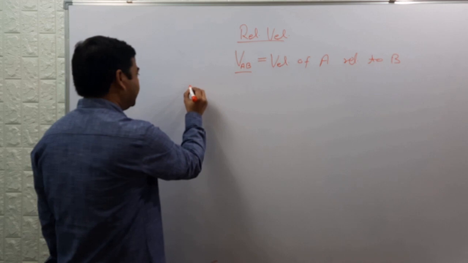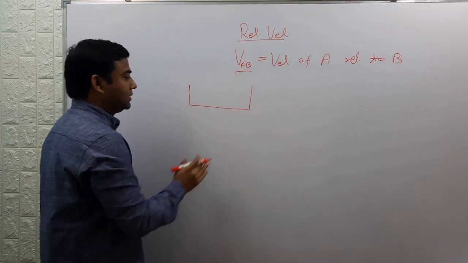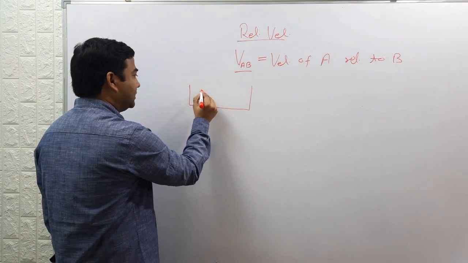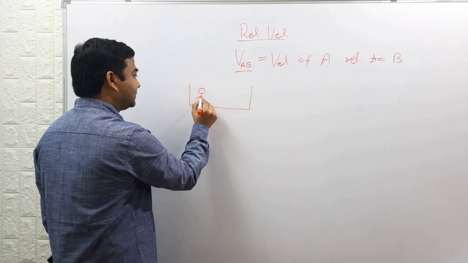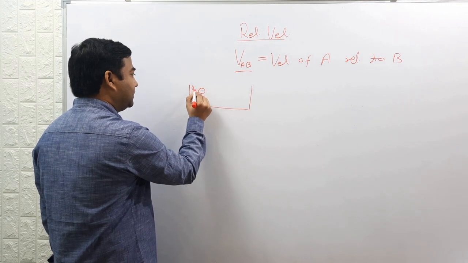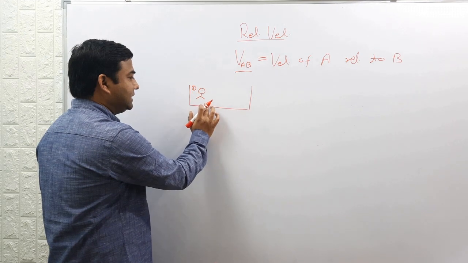Let this be a cart, and a person sitting inside this cart. This is observer 1. Observer 1 is sitting inside this cart.